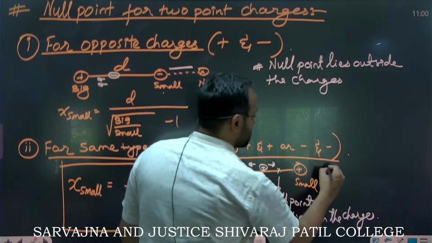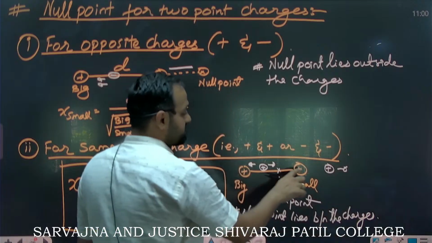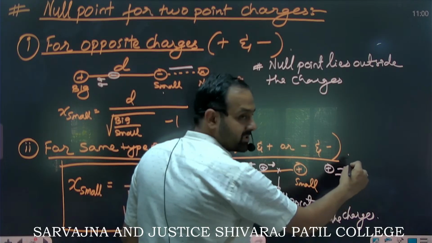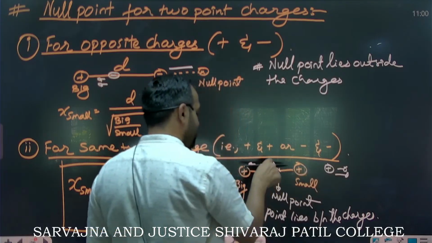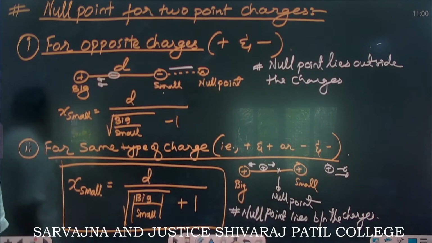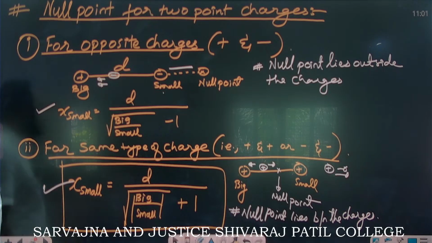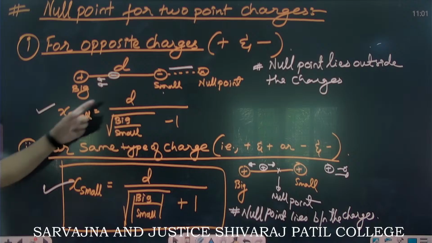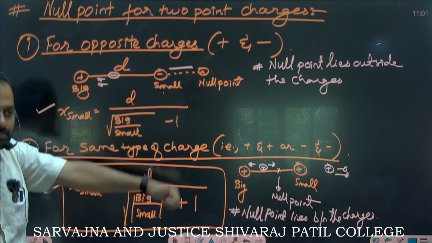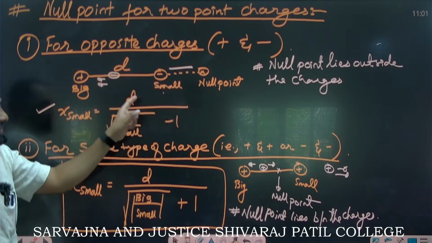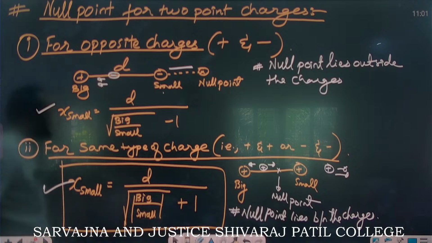And if you take the outer side, positive repulsion and positive repulsion again, the forces add up, so it does not come outside; it comes in the middle. I think this formula is correct. For the outside case the value has to be more than d, and for the inside case it will be less than d.